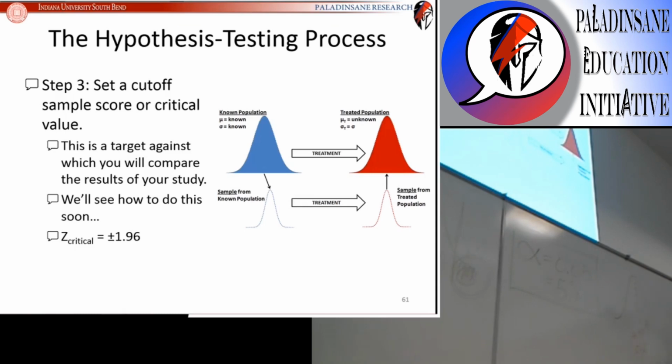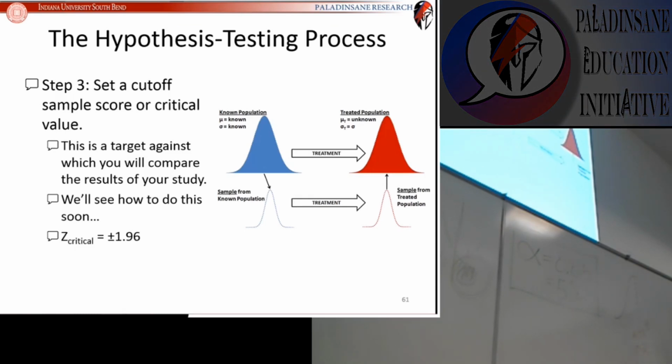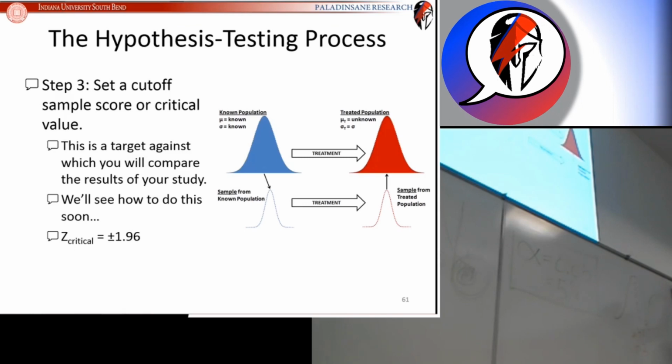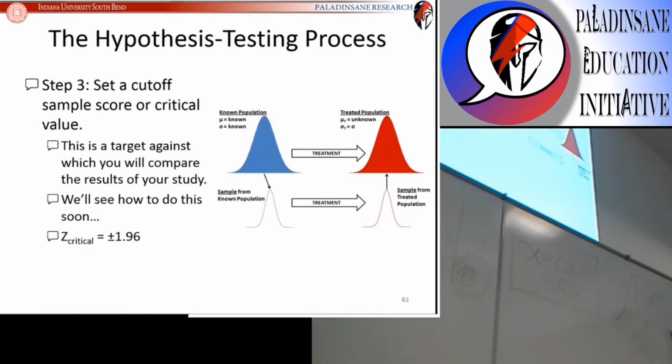So what we're going to do is we're going to take this entire distribution and we are going to transform it into a Z-score distribution. And what that does is it takes this distribution and it changes it so that it has a mean of 0 and a standard deviation equal to 1.